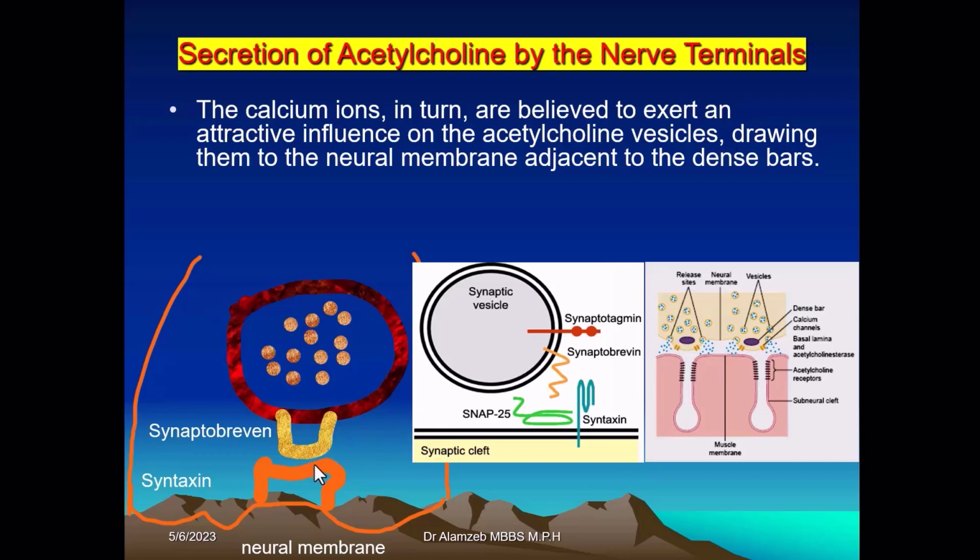By joining these, the vesicle and the membrane share their information, and by sharing this information, the vesicle is attached or fused with the membrane. By this fusion the vesicle is ruptured and it releases its neurotransmitter at the neuromuscular junction.